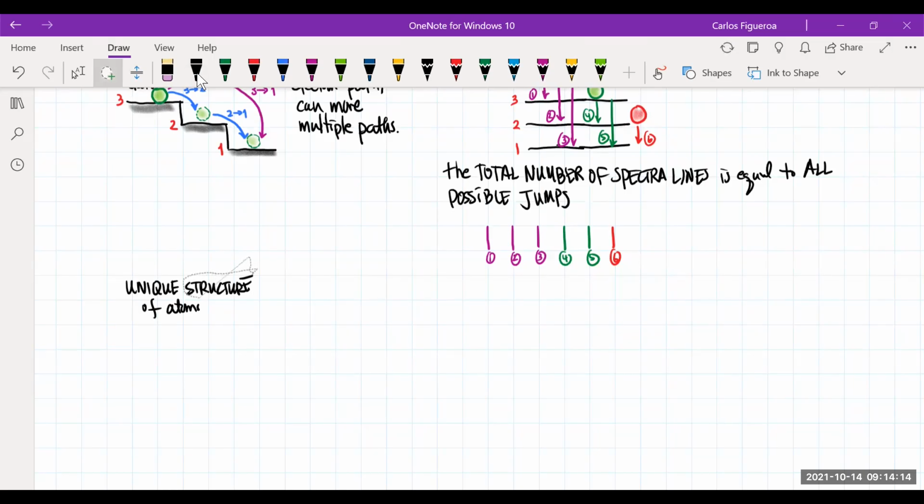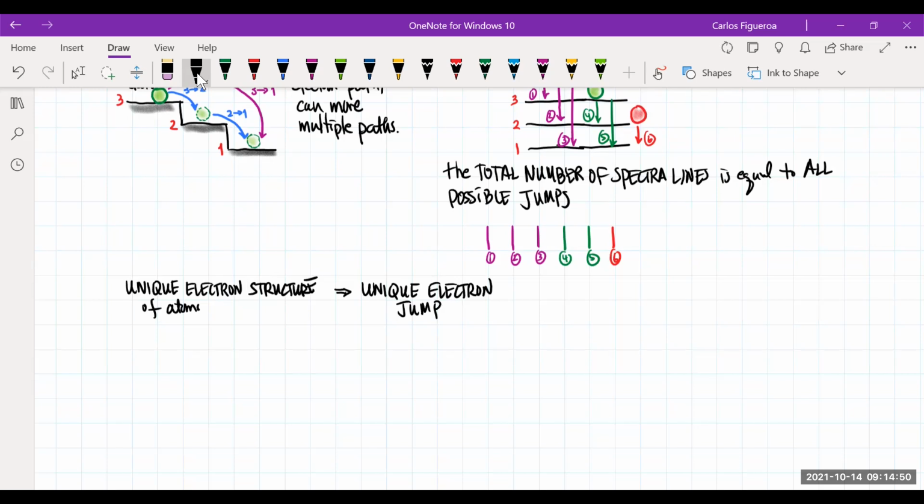Maybe unique electron structure, right? We have unique electron structure in atoms. So if I have unique electron structure, then that means I have unique electron jumps.